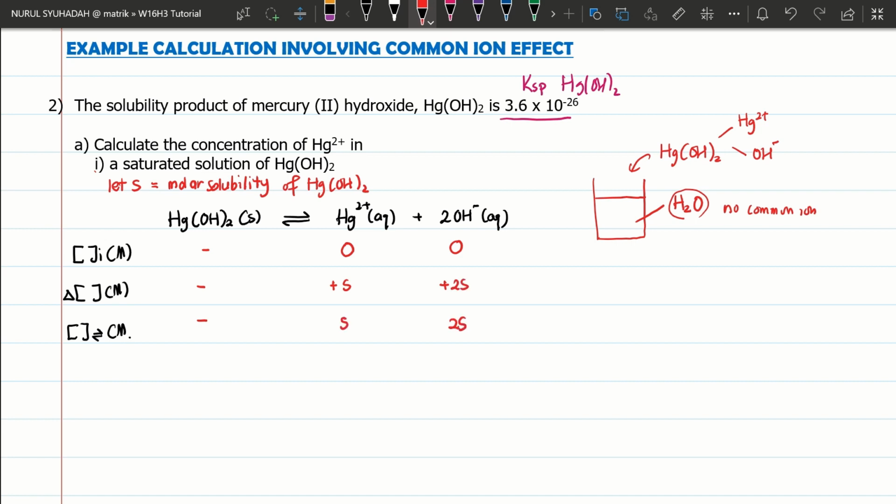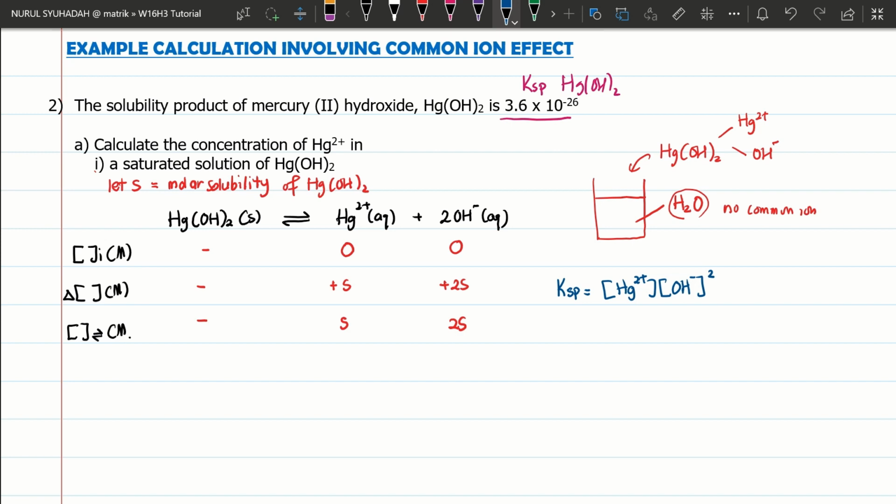Okay, now, kita nak cari berapa concentration of Hg2+. So, kita kena cari berapa nilai S. Macam mana nak cari? Okay, from your KSP expression. So, tulislah KSP expression awak. So, KSP equals to concentration of Hg2+ times concentration of OH- to the power of 2.